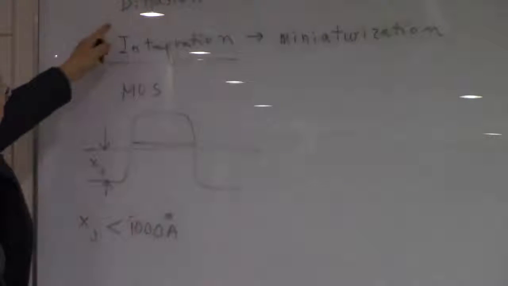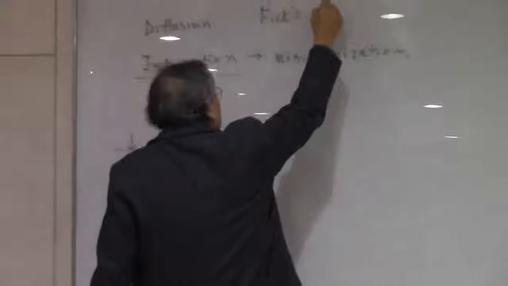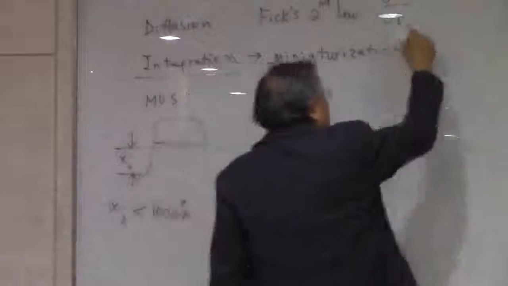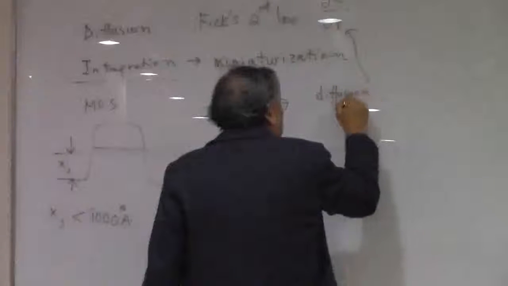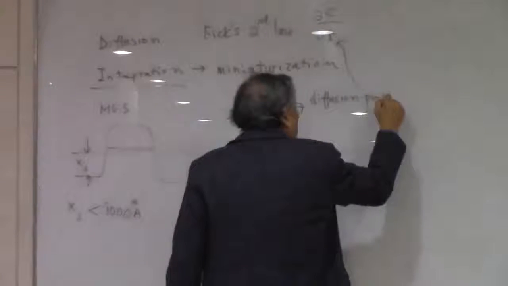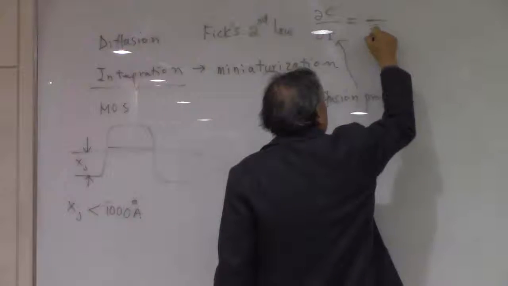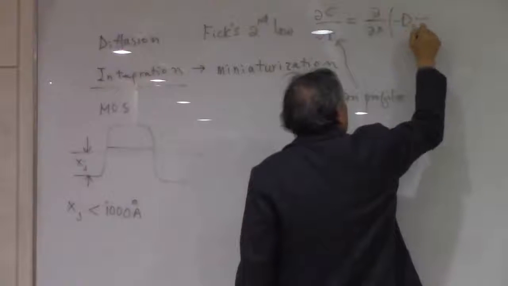In the discussion of diffusion, we mainly have to talk about Fick's second law. And Fick's second law says the diffusion profile. This is actually the diffusion profile, and that is round X, right?